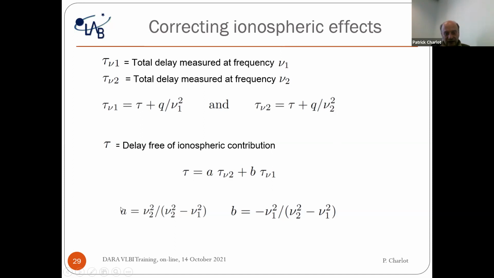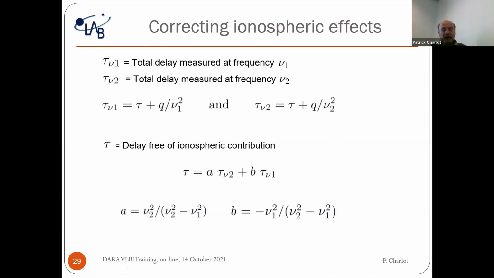And then you get a delay free of ionospheric contribution, and this gives you the coefficients A and B, which is a combination of the two frequencies. So ionospheric delay is a problem, but in fact it is not in the end, because you remove it from the observation.